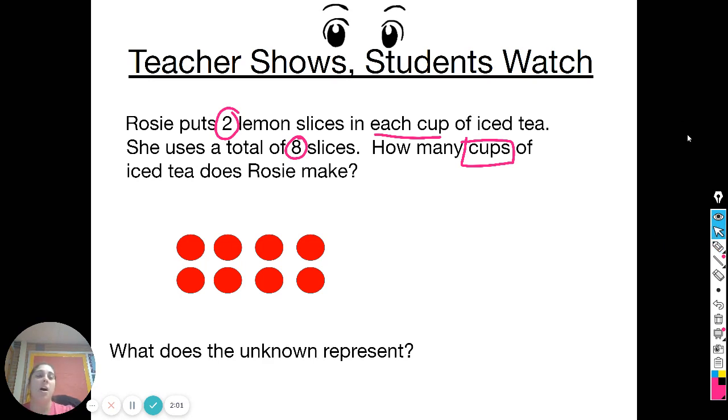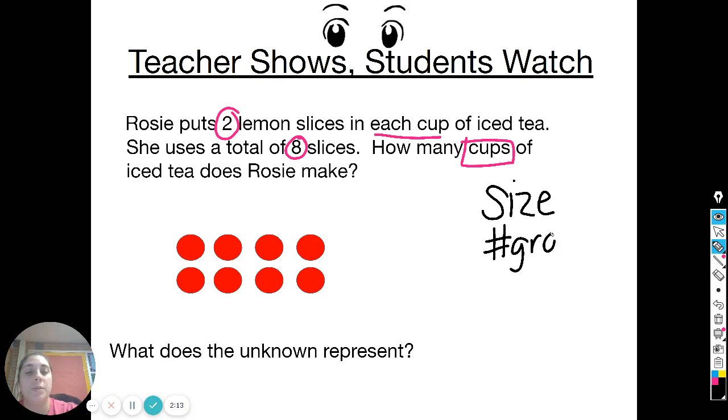So what does the unknown represent? Remember, when we're doing an equation, we have 3 things. We have the size of our group, we have the number of groups, and we have our total. Those are the 3 parts of our multiplication and division equations, okay? So right now, we know that there are 8 slices. So altogether, there are 8 lemon slices.